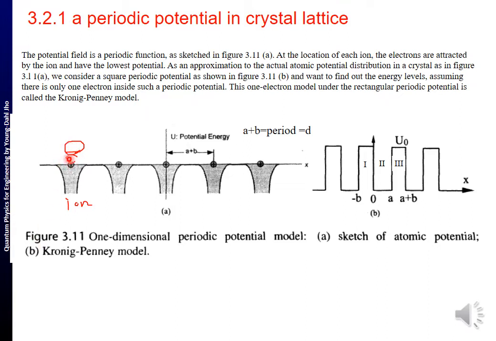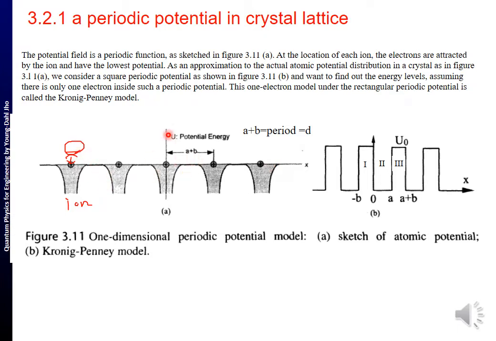So when the electron is around this position, Coulomb attraction will be very strong and it is moving around. It goes to here. The Coulomb attraction will be minimized, then becomes strongest, minimized. It is repeated.